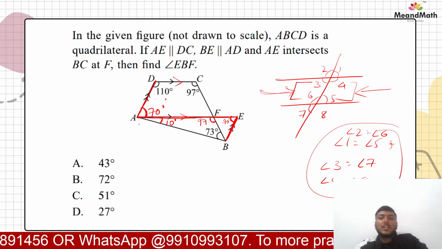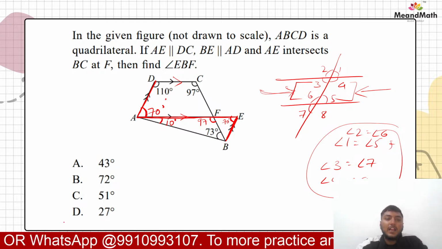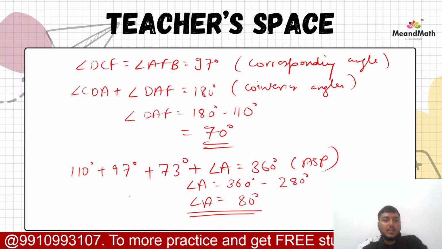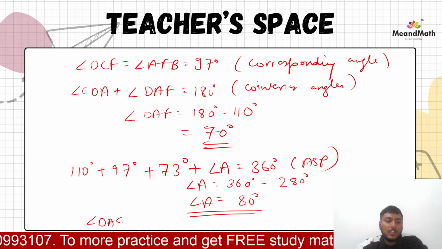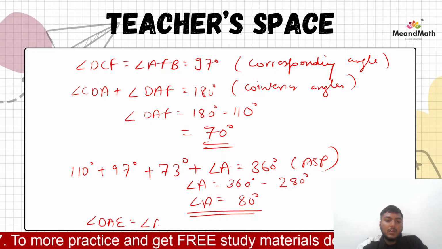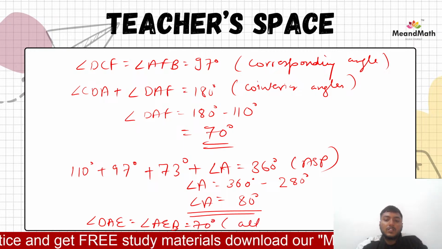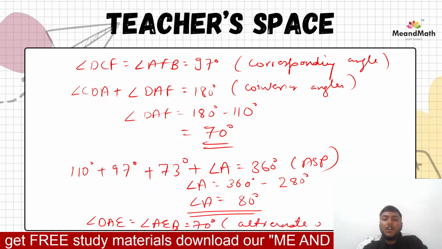Because these are alternate angles. Angle DAE is equal to angle AEB, that is 70 degrees, है ना? Because it is alternate angle.